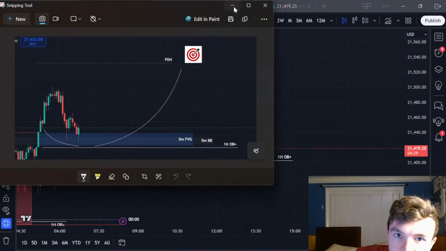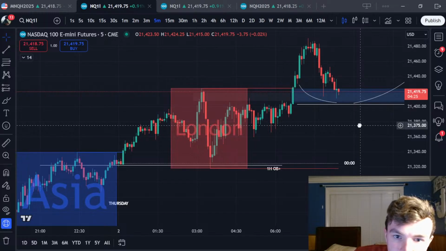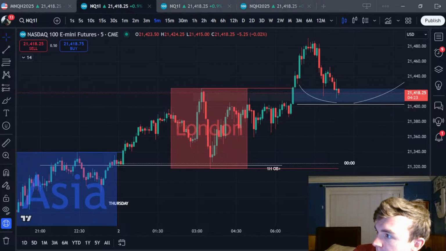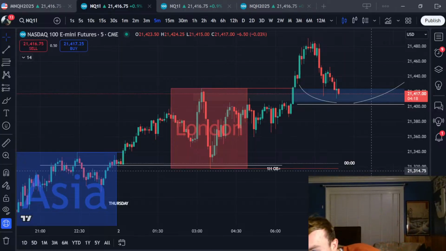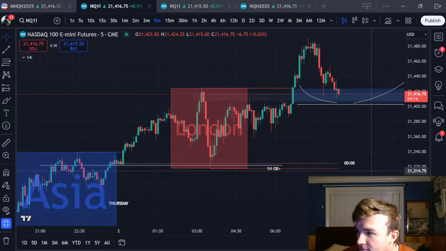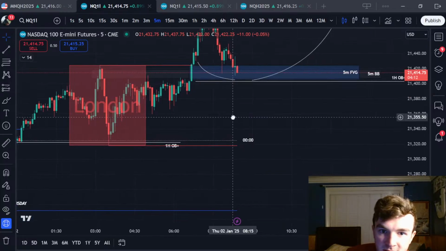We still need to do higher time frame analysis, but yeah, we'll get to that. So yeah, previous day's high seems to be the draw to me.